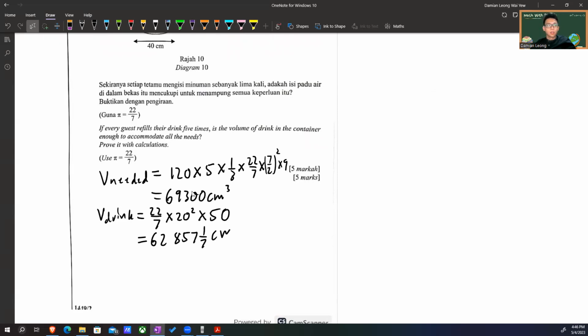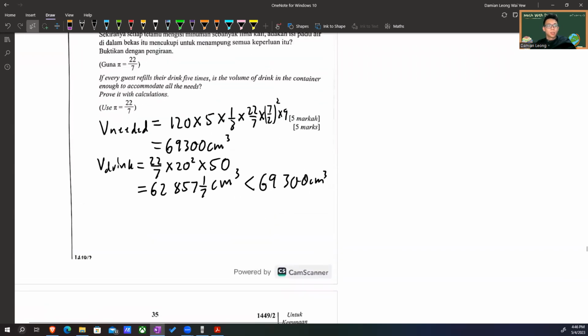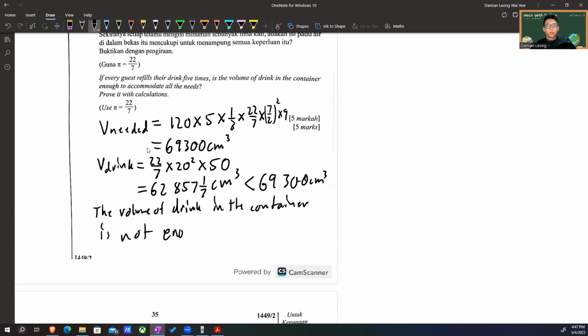62857 1/7 cm cube. So you see, if I compare these two, this is less than the 69,300 cm cube, which is the volume of water needed. So that means the volume of drink in the container is not enough to accommodate all the needs.